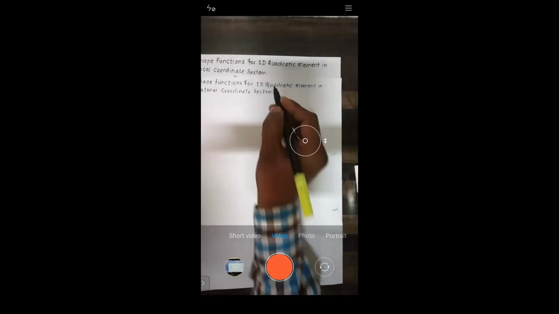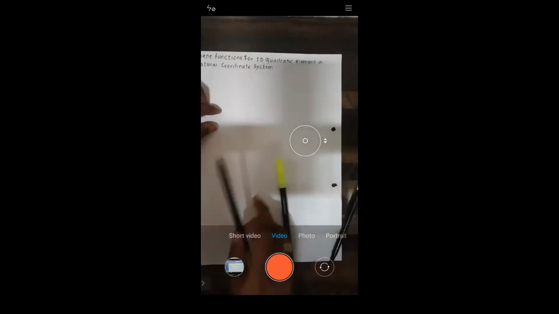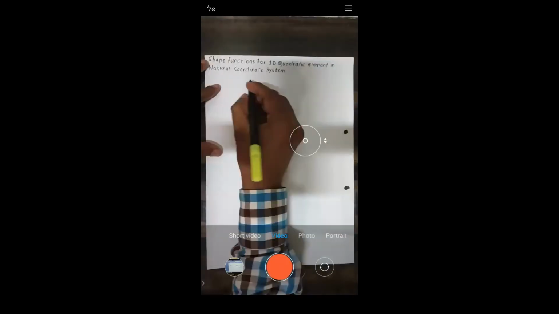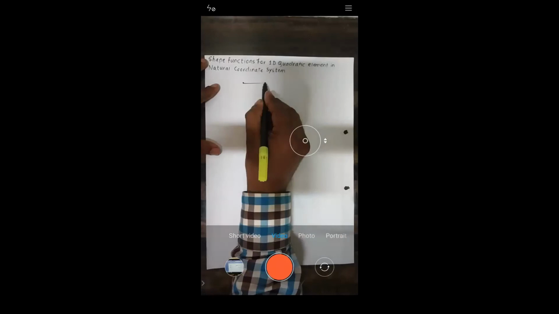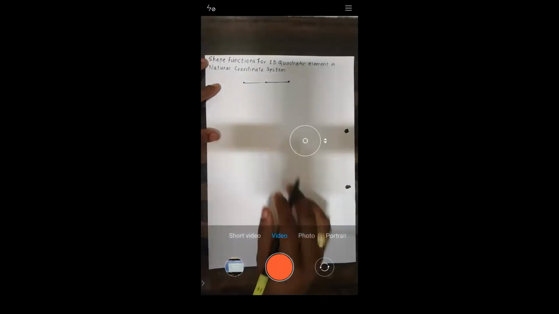Is it okay with this one? Now tell me, what is quadratic? Three nodes. You should have 3 nodes.